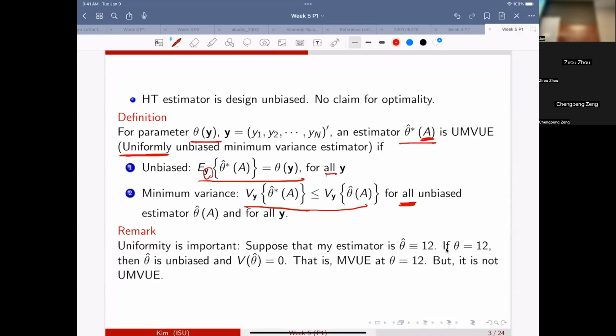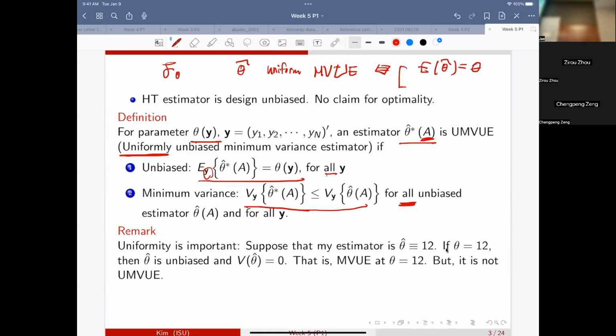In mathematical statistics, a uniformly minimum variance unbiased estimator means what? The expectation of theta hat equals theta, right?